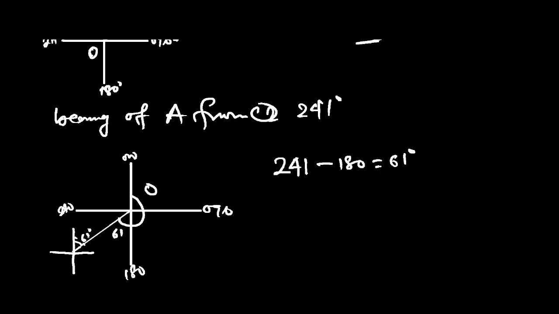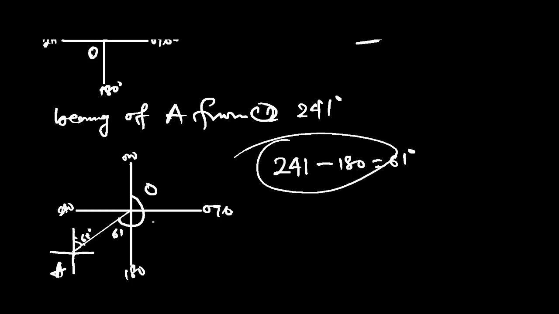It's going to stop at 61. So that's why we say when the angle is greater than 180 degrees, just subtract 180 from that particular angle, and you have the bearing of O from A, and this one is the bearing of A from O. I want to believe you understand this now.